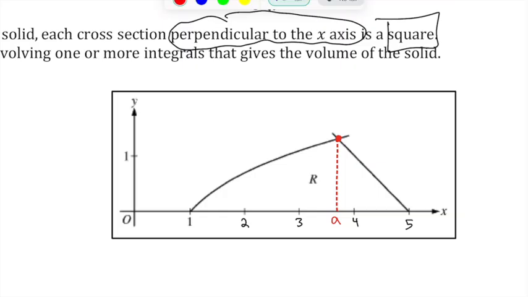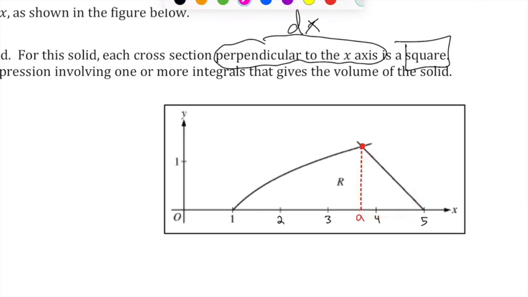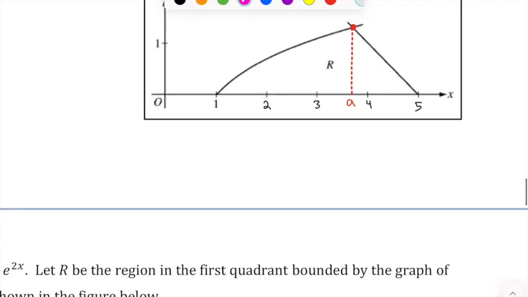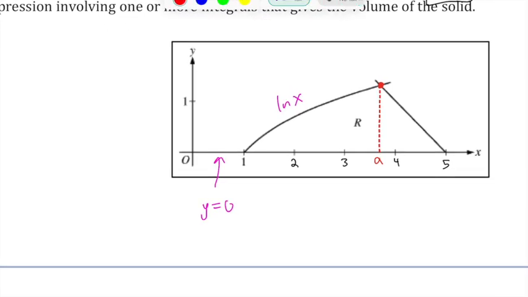We have two separate integrals. We have to do the integral of this one and the integral of this one. And this is still an area between two curves, just like our previous problem. It's just our curve down here is going to be y equals 0. So this first integral is going to be log of x minus 0.